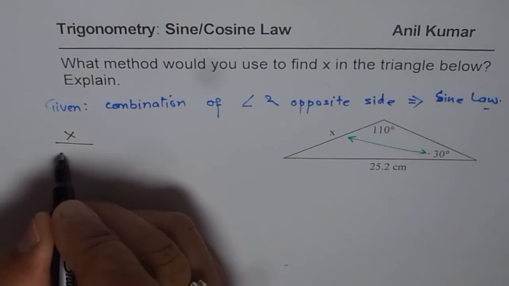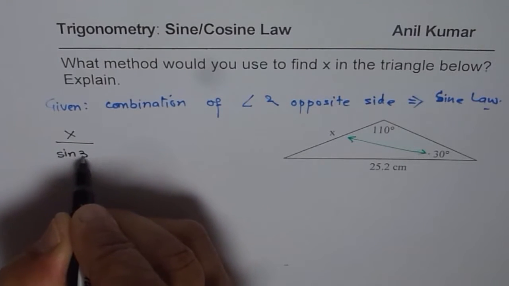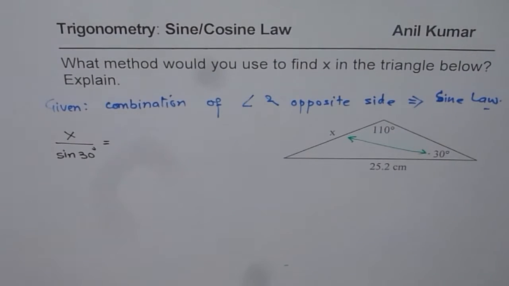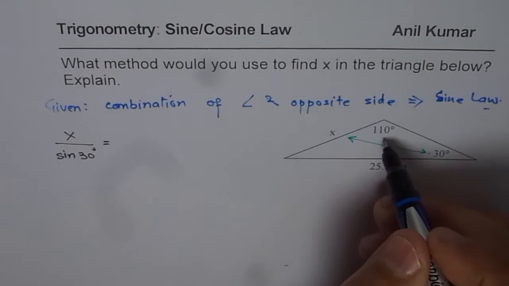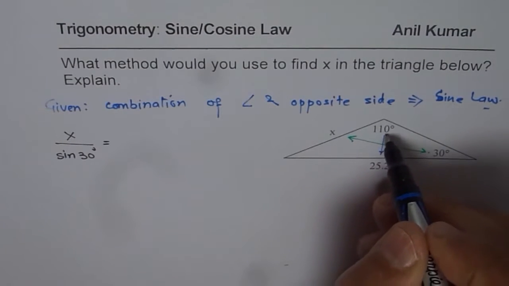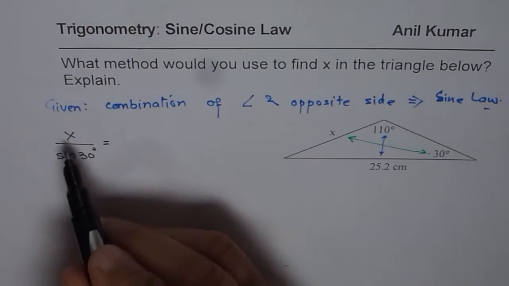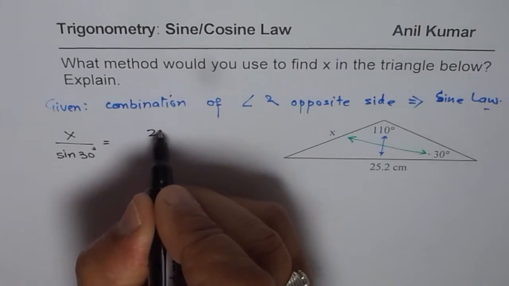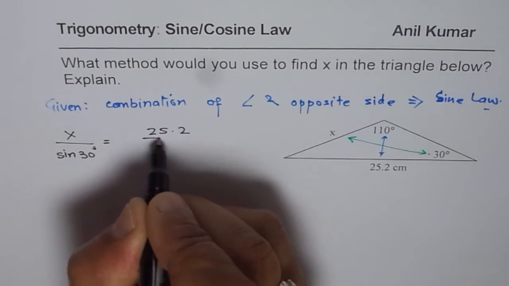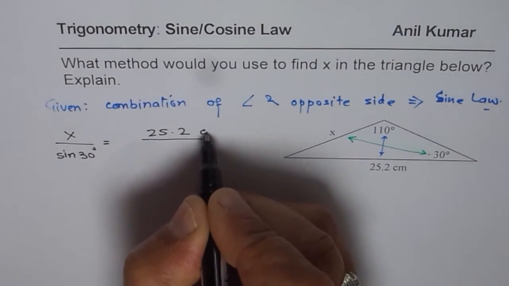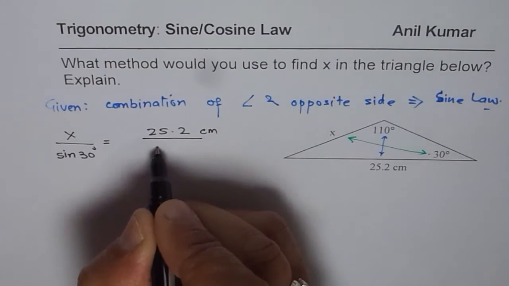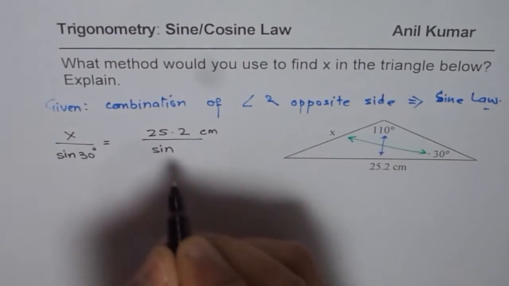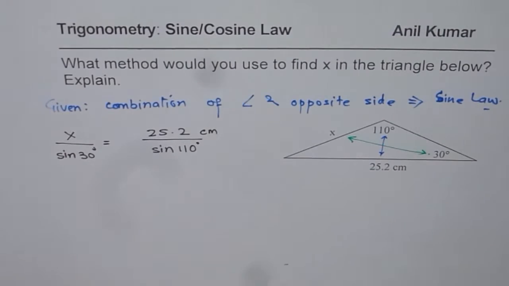So use this side and opposite angle combination, correct? So we say x over sine 30 degrees is equal to which side is given to us? This combination is given to us, right? So since you wrote x, which is the side length, on the top, write the side length on top. 25.2 divided by, include units, centimeter, sine of 110 degrees, correct?